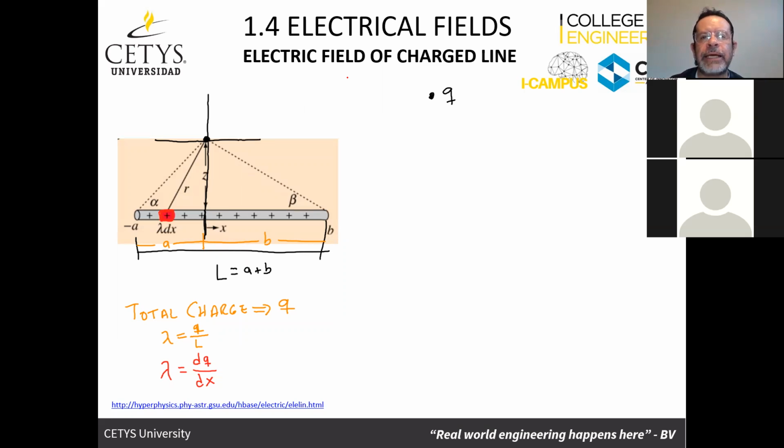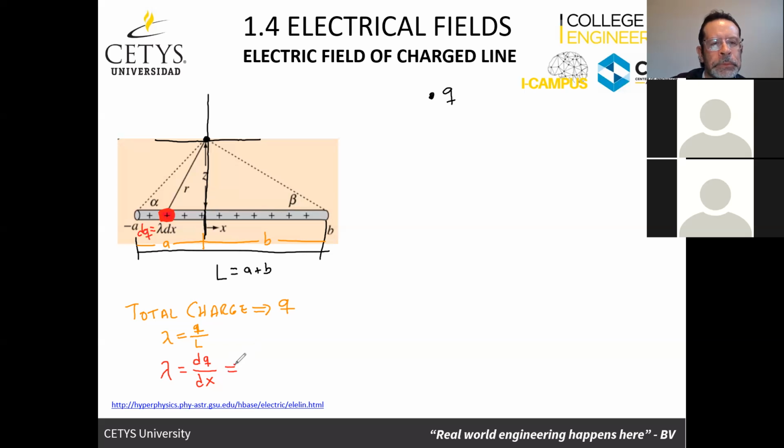So this means that this small section here is going to have a certain charge. The small section is going to have a very small charge, and that's going to be that differential.